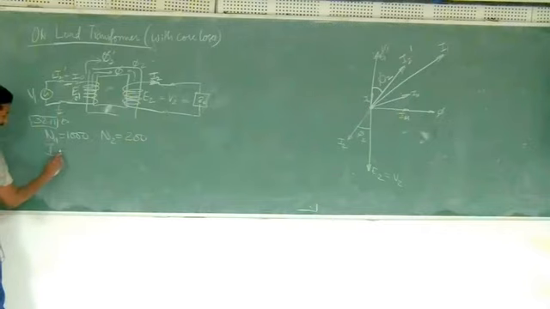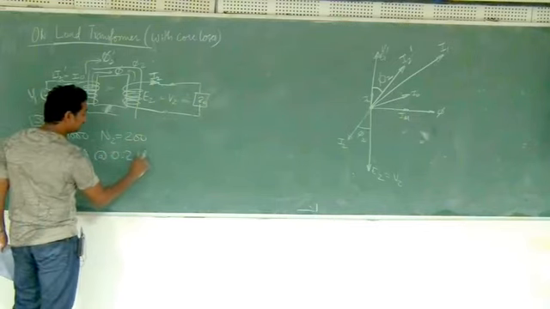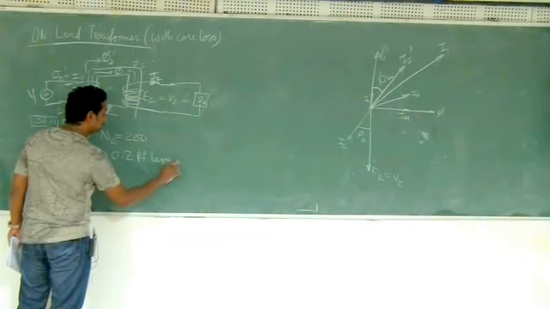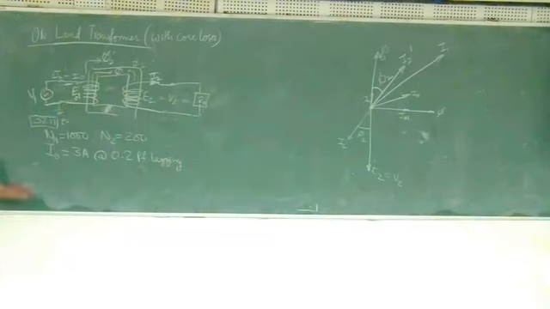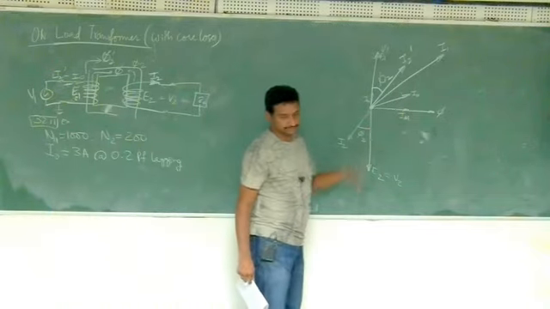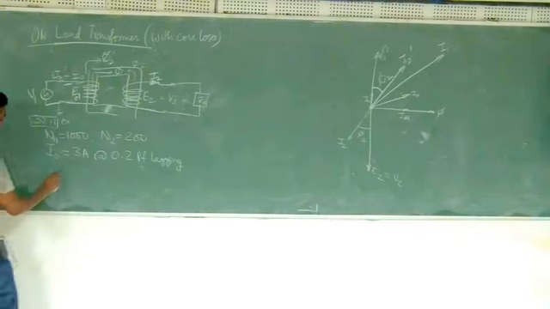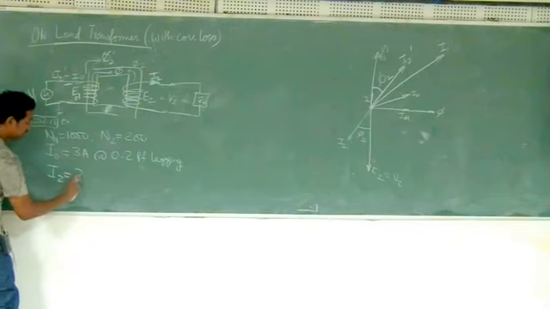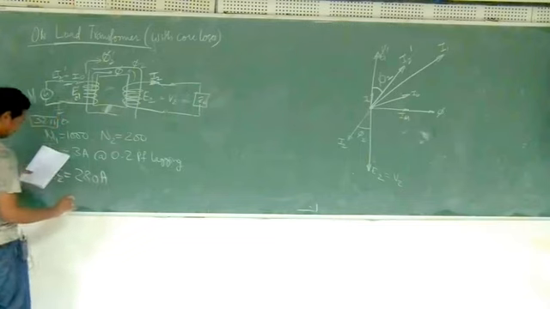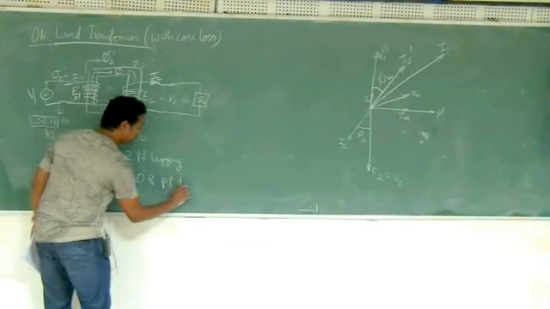I naught, the no load current, is 3 amperes at 0.2 power factor lagging. That means I can calculate this I naught. Secondary current I2 is 280 amperes at 0.8 power factor lagging.